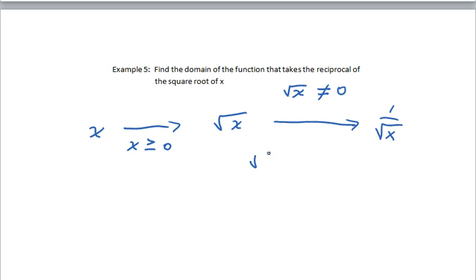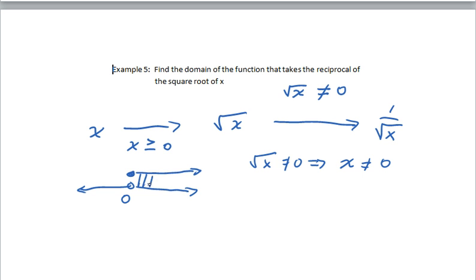So the square root of x not equal to 0 implies x is not equal to 0. So now we have two restrictions, and they both involve 0. We have that x must be greater than or equal to 0, but we also have that x cannot equal 0.